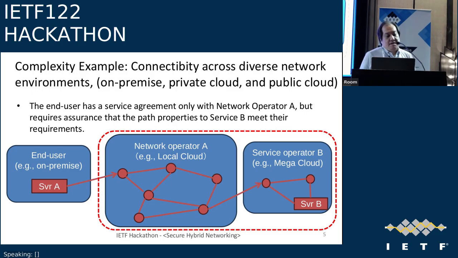In many cases, the end user only has a contract with the next hop network operator, which might operate a local cloud, but many such providers provide connectivity to mega clouds like Amazon AWS or Microsoft Azure. In that case, the connection to the next hop is almost a black box from the side of the end user. So our goal is to check whether the connection between such network operators is secure or not.